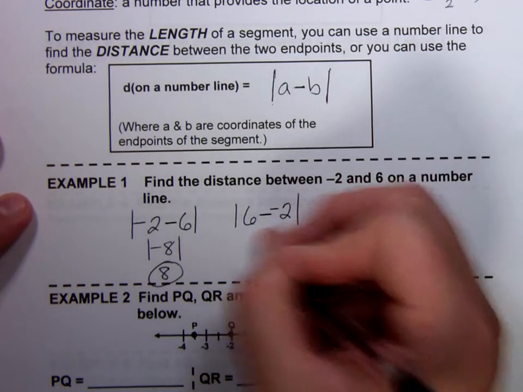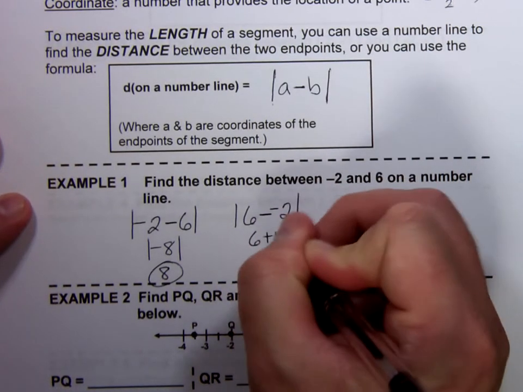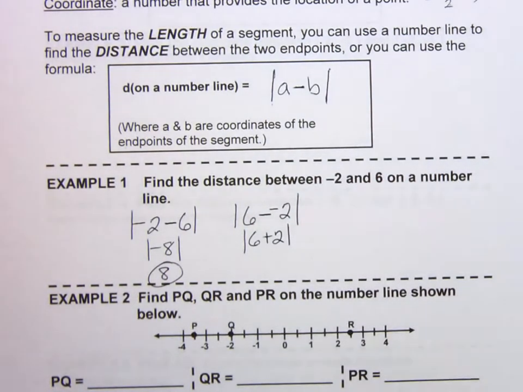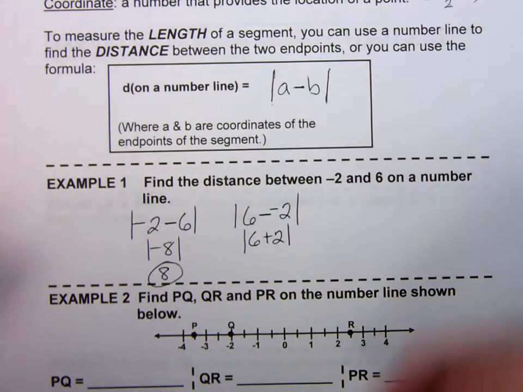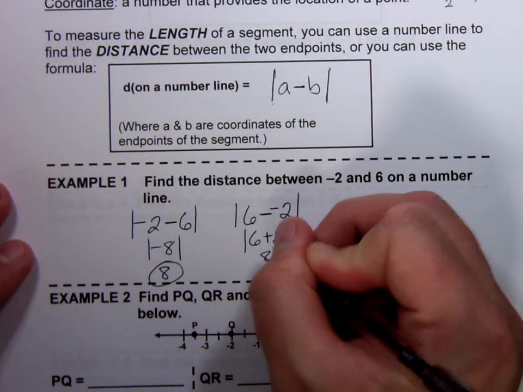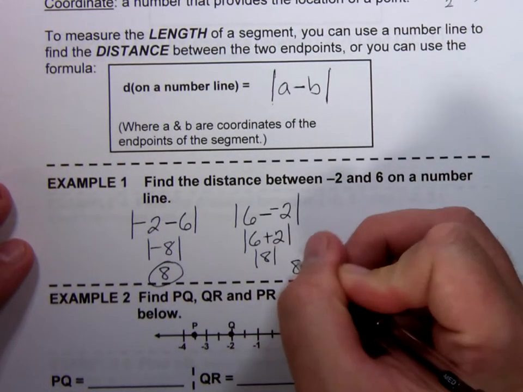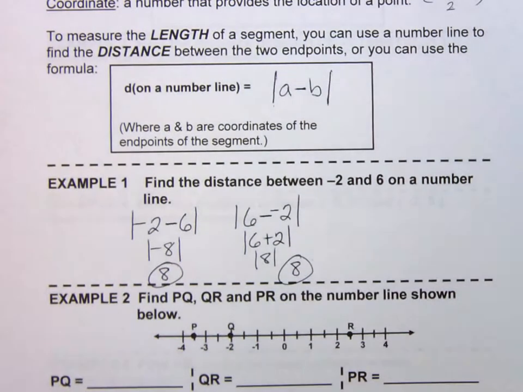When you subtract a negative like this, you don't have to take the time to rewrite it, but subtracting a negative is the same as adding. And 6 plus 2 is 8. And anytime it's a positive number, the absolute value is not going to change anything. So once again, you get 8. So you do not have to do both of these. You only do one or the other. But either way will work.